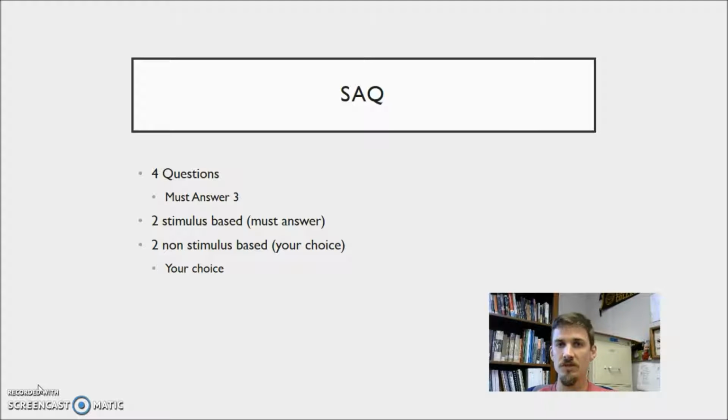You're supposed to use that stimulus to consider the question and evaluate it so that you can then answer the question. The thing to notice is that those 2 that are stimulus-based, you have to answer. You don't have any choices. When you come to the non-stimulus-based questions, you actually have a choice between the 2 of which one you would like to answer.